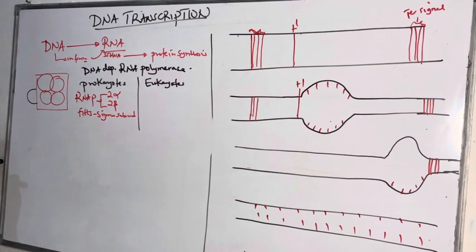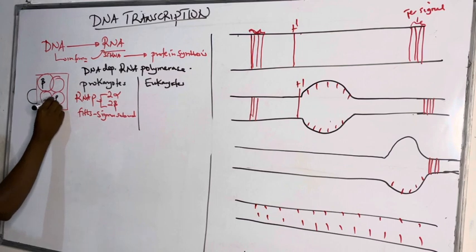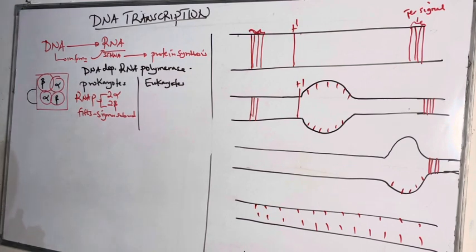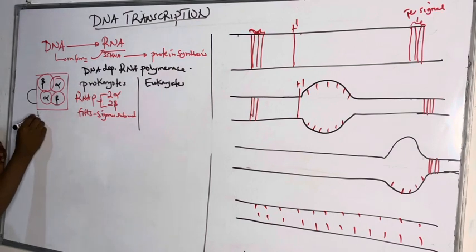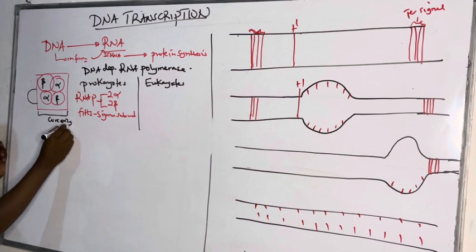So here we have the 2 beta subunits and 2 alpha subunits, and these 4 make what we call the core enzyme.